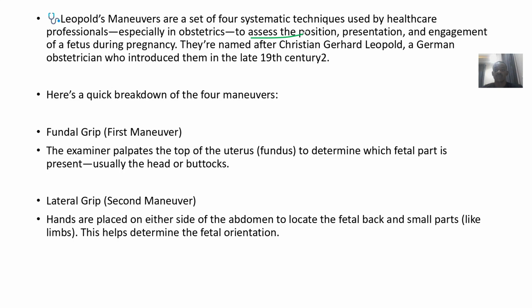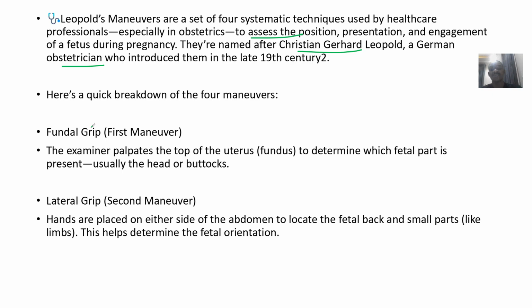You are also trying to know the engagement of the fetus during pregnancy. This can help you determine if giving birth through the vagina will be possible, and if complications may come up. They are named after a great obstetrician, Christian Gerhard Leopold, a German obstetrician who introduced them in the late 19th century.